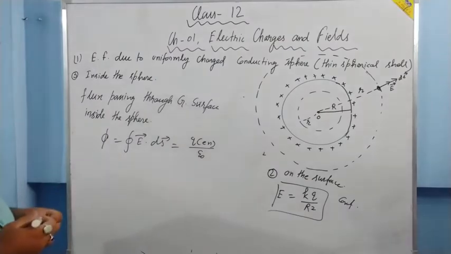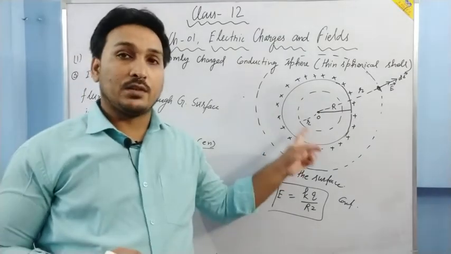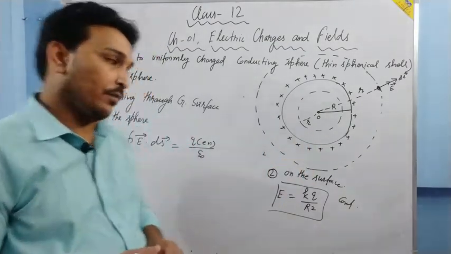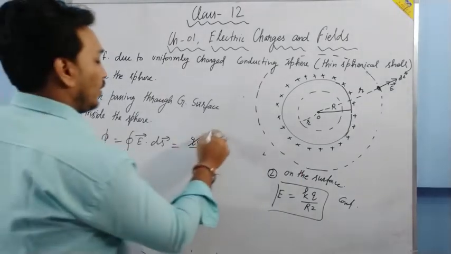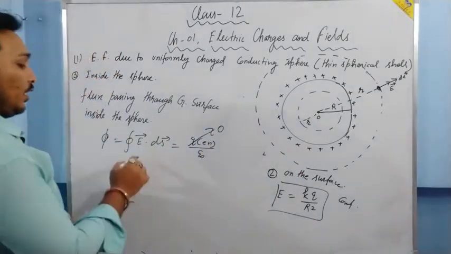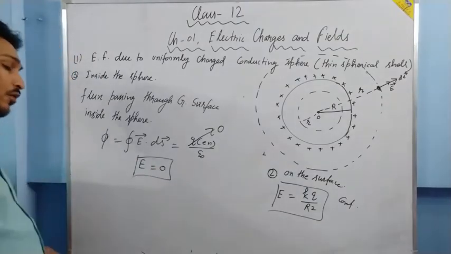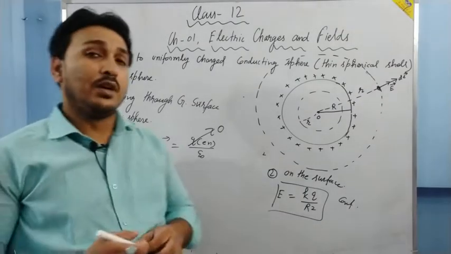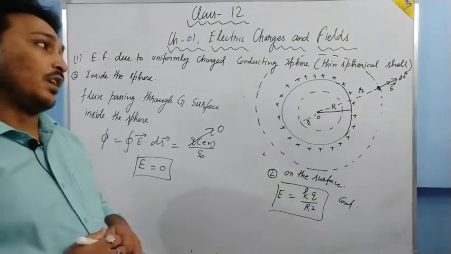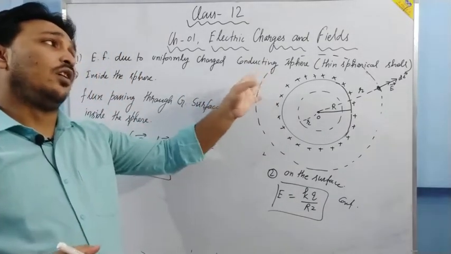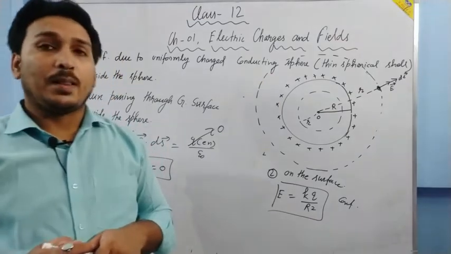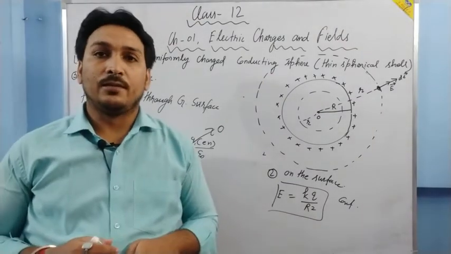But all the charges are there on the surface. There is no charge inside the sphere, and because of that, q enclosed is 0, and because of that, electric field is 0. Electric field is 0 inside the sphere if it is a conducting solid sphere or a conducting thin spherical shell.